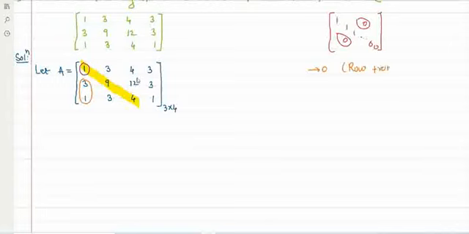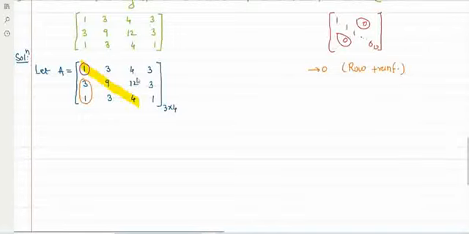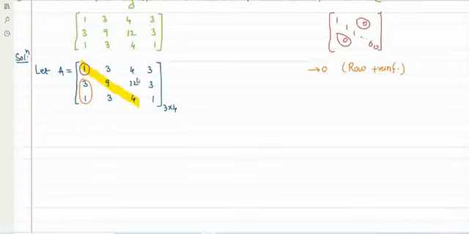It is not mandatory. I will consider that A11 element to reduce these two elements to 0. Can you tell what is the elementary transformation to reduce this element to 0? This element means R2. Okay, R2. What is your elementary transformation? You have to use the row number.